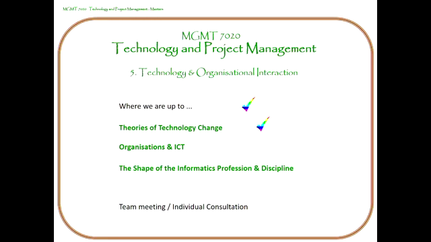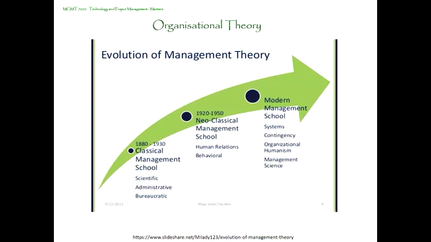So now I'm just going to talk a little bit about organisation, because this is basically about technologies and organisations and how they interact. So having had a look at technology, let's have a look at some organisational theories. And I imagine you're coming across these in some of your other courses. So firstly, a trajectory of management theory from the early days, where it was all about, well, it comes basically from the military, really.